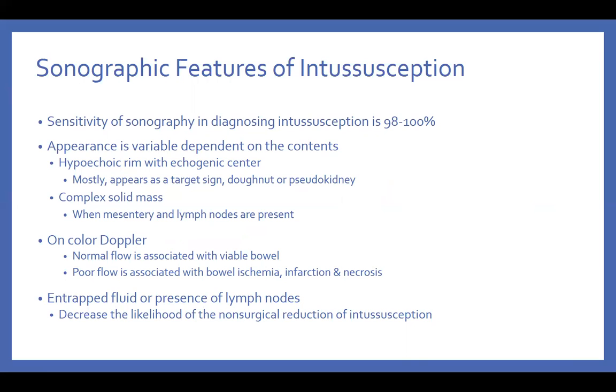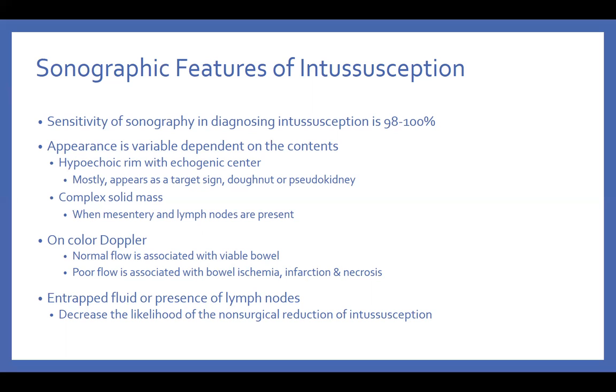The sonographic features of intussusception are really straightforward. We always say it has alternating concentric hypoechoic and echogenic layers. The easy way to describe it is a hypoechoic rim with an echogenic center.